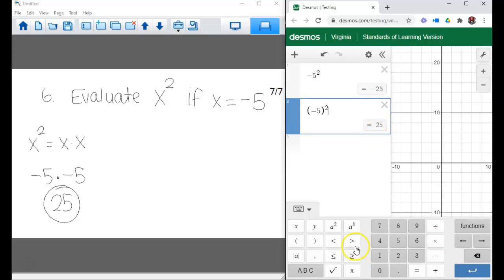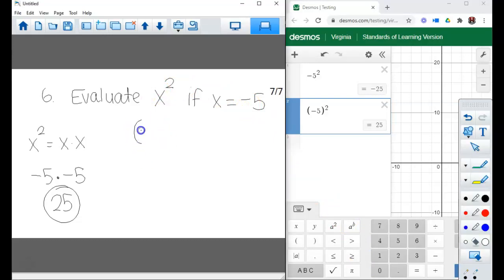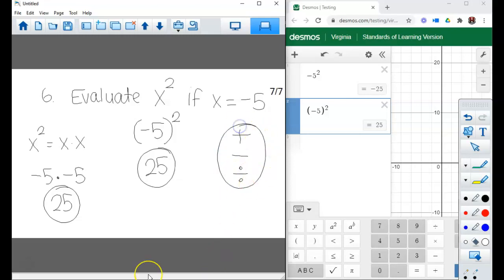So if you want to plug in negative 5 for x and do negative 5 squared, you are going to need to wrap negative 5 in parentheses to hold all of that together and then put that exponent on the outside, so that we then get the correct answer. So I want you to notice something. With addition, subtraction, and division, I didn't need to add anything to the problem.